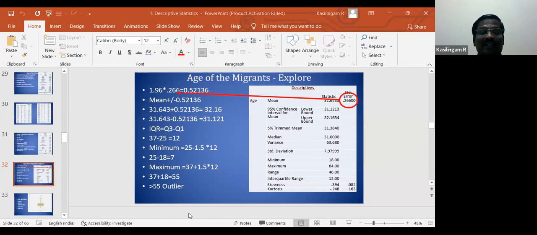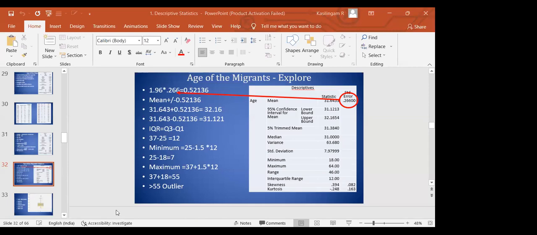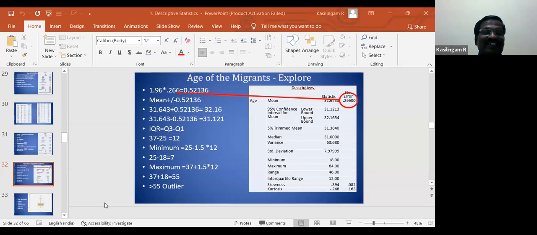Sir, is it okay, sir? Sir. No, Sivakumar sir has asked. Very good. Okay, very good. Very good, sir. Thank you, sir.